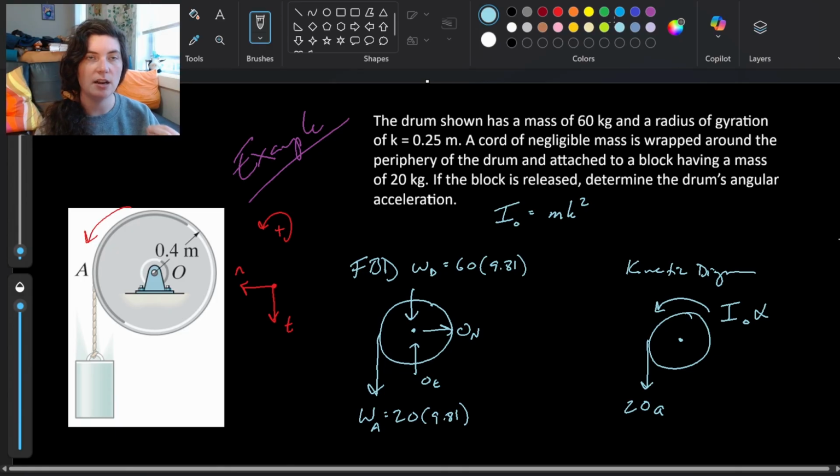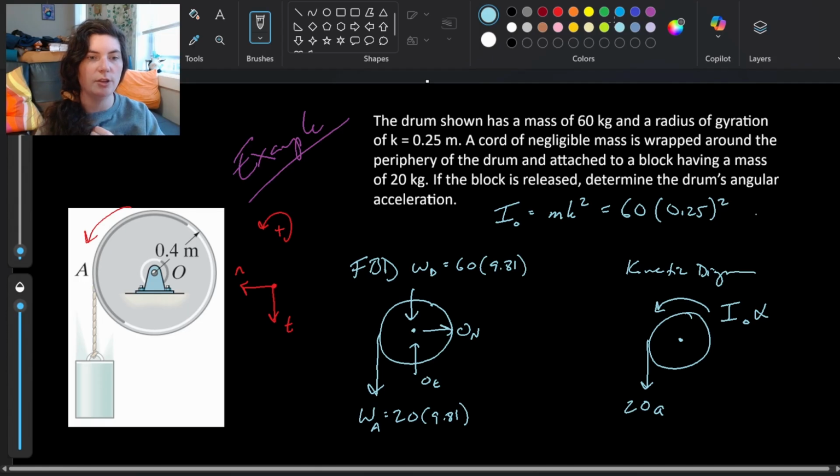And so from here, I can set up my equations of motion. Before I do that, we could solve for what this IO is, the moment of inertia about O, because we have the radius of gyration. Moment of inertia about O is m k squared, so this is just going to be 60 times 0.25 squared.